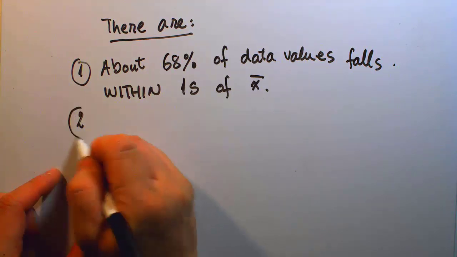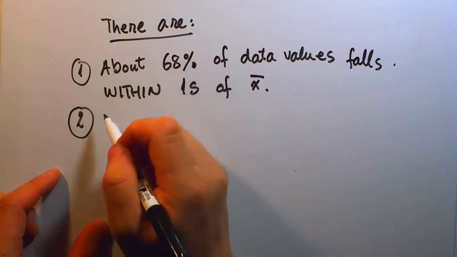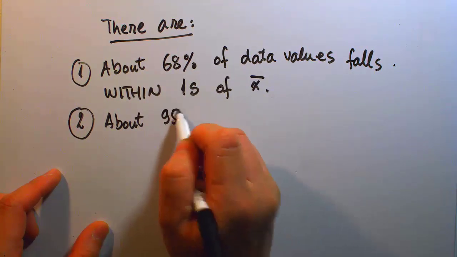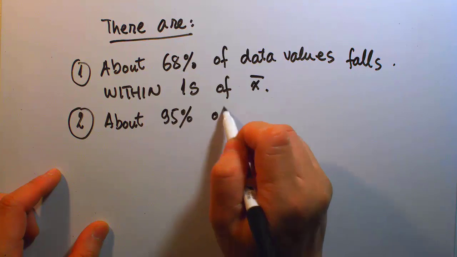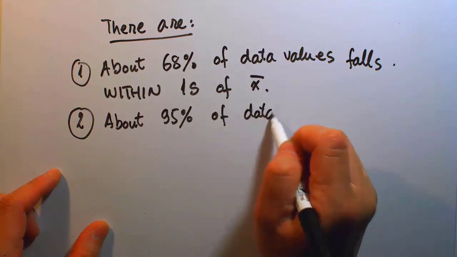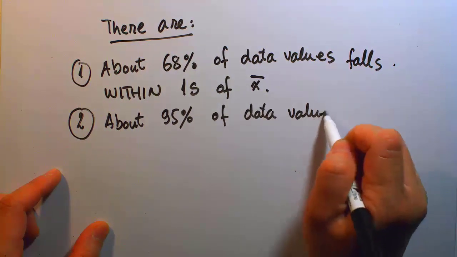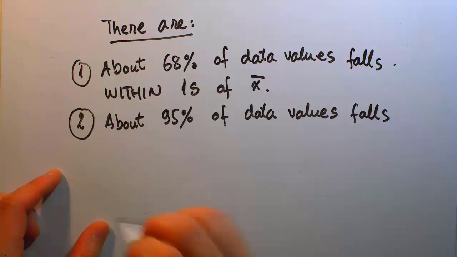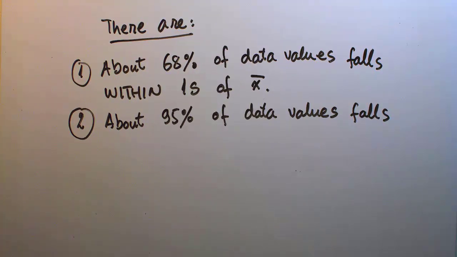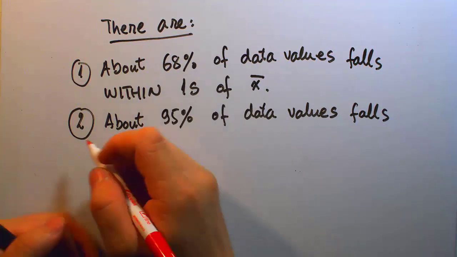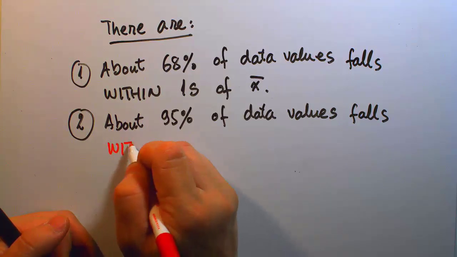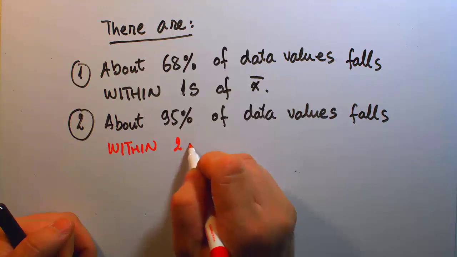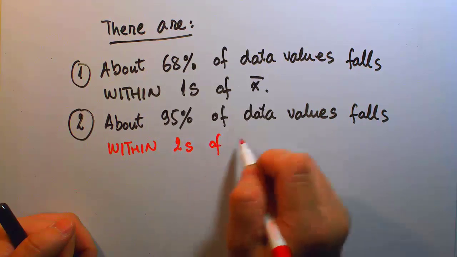It says there are about 95% of data values on a bell curve that fall, and here it's also a new term, so let me write it in red ink, that fall within 2 standard deviations of the mean value.